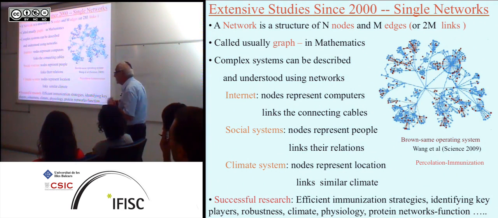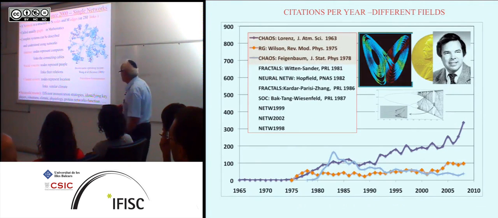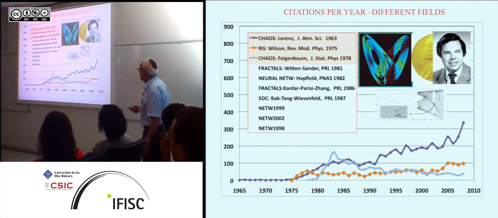So network science is a very important field that can be very useful. I can show you how it compares to other studies. These are citations of networks. I compare it to Chaos, Wilson's renormalization group, and Feigenbaum, the three fields.